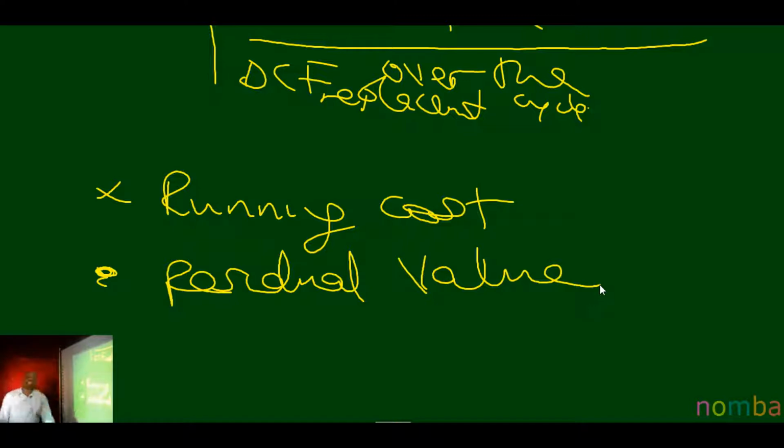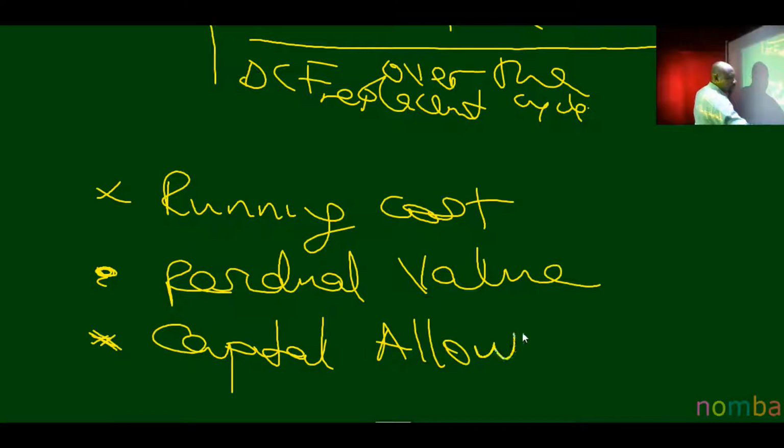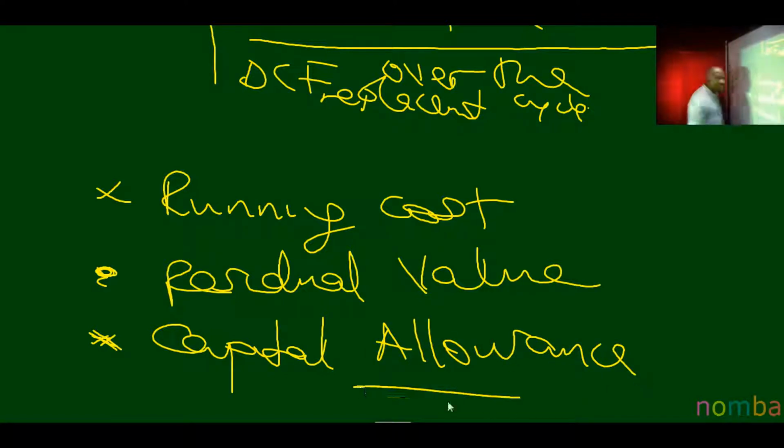The running cost will be provided by the examiner. We also have the residual value, which is the scrap value of the asset over the replacement cycle, or the residual value for a number of years. And then we need to know the capital allowance over the useful life of the asset.